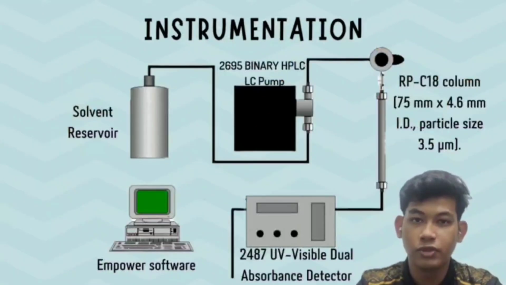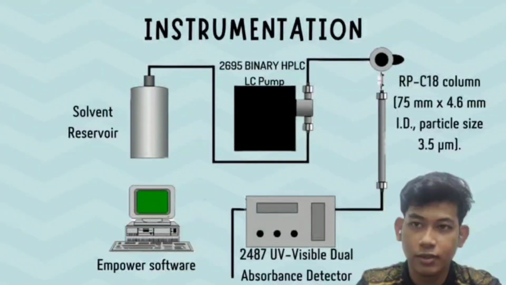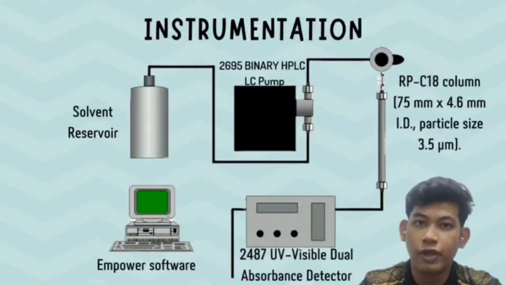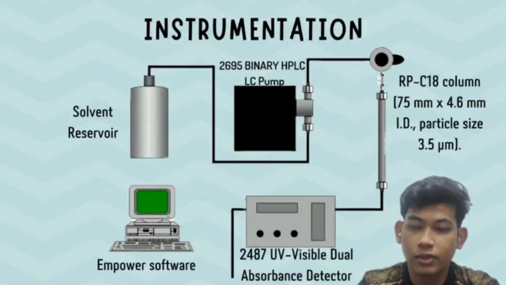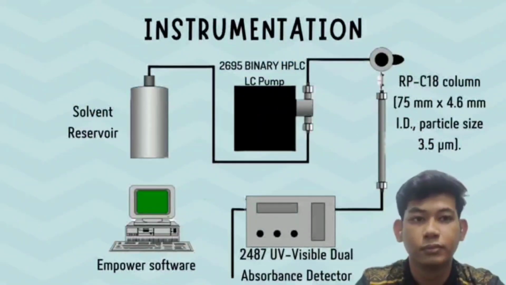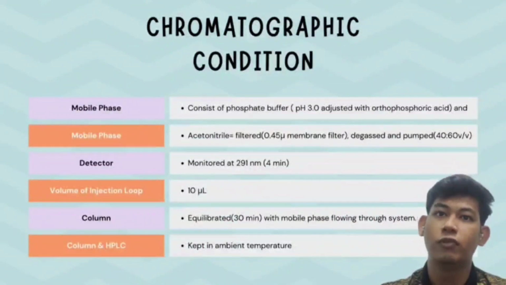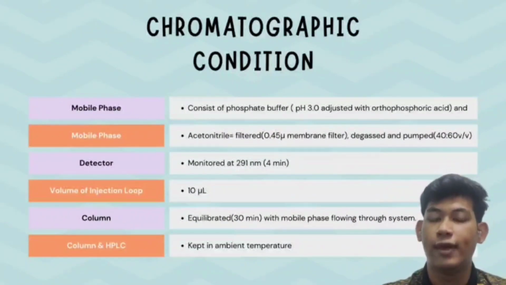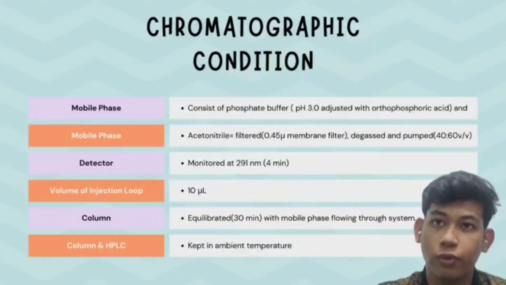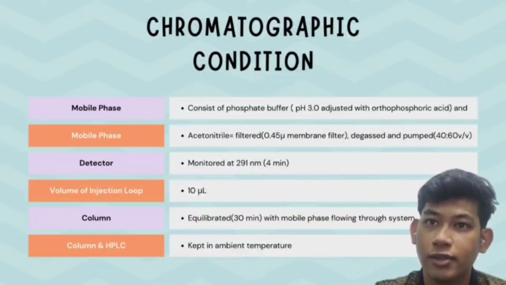The separation was carried out on an HPLC system with a Waters 2695 HPLC pump and a 2487 UV visible dual absorbance detector, using Empower software and an RP-HPLC C18 column. The mobile phase consists of phosphate buffer, pH 3 adjusted with orthophosphoric acid, and acetonitrile.